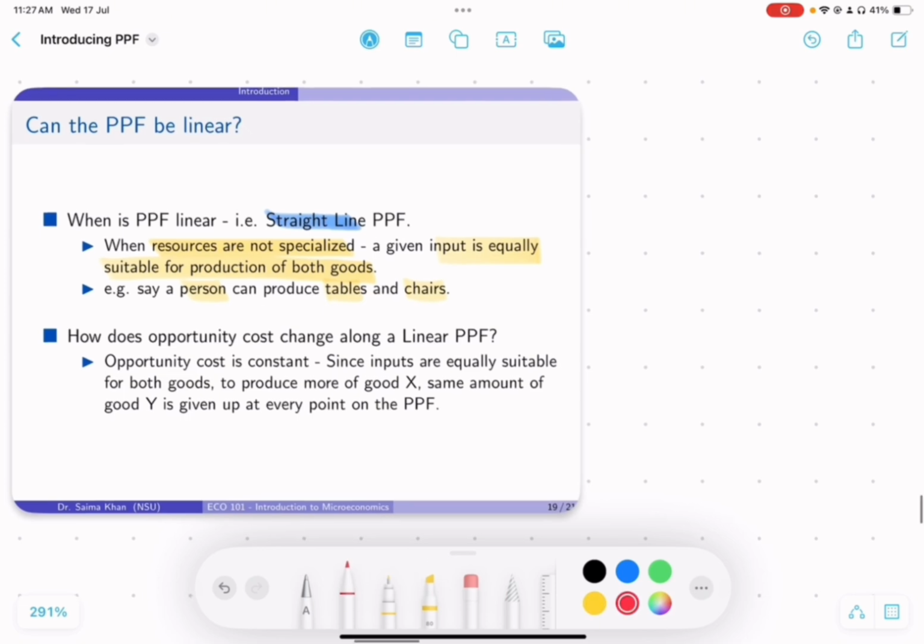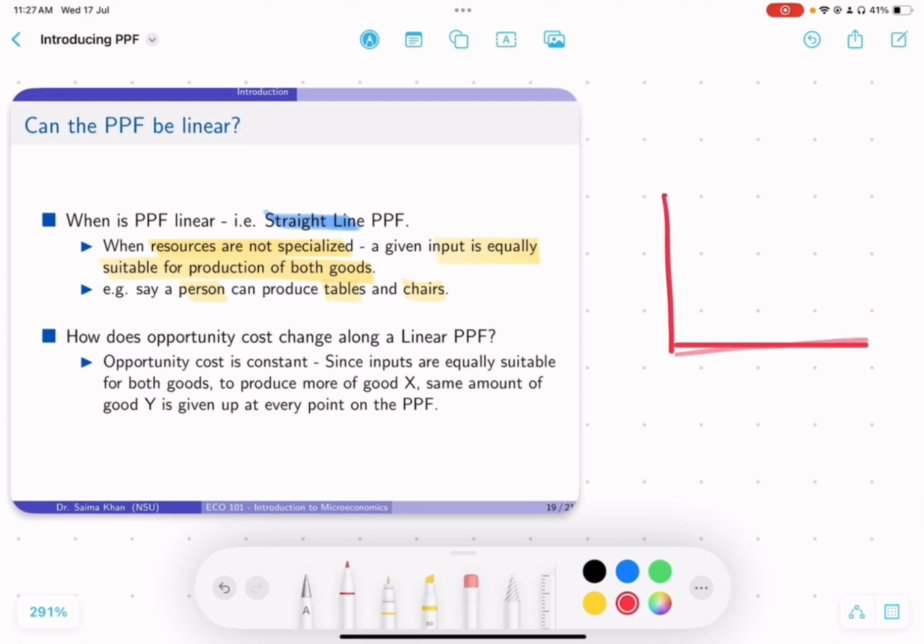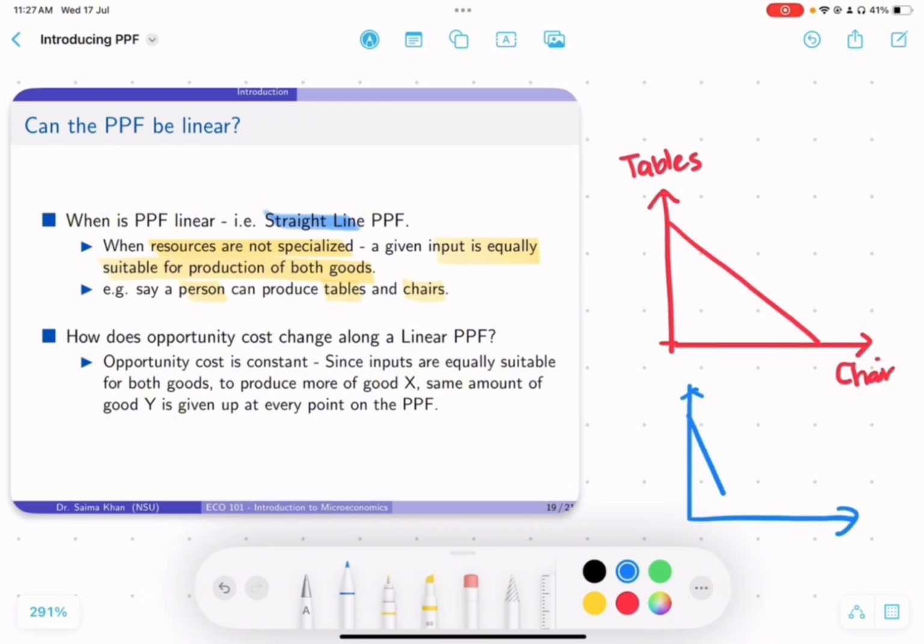So if we did have a PPF, let's say our PPF was table production and chair production. In that case, we could say that, you know what? But don't think it's going to be this perfect slope. It could be a very steep one. It could be a flat one. But the main idea is that the opportunity cost is always the same.